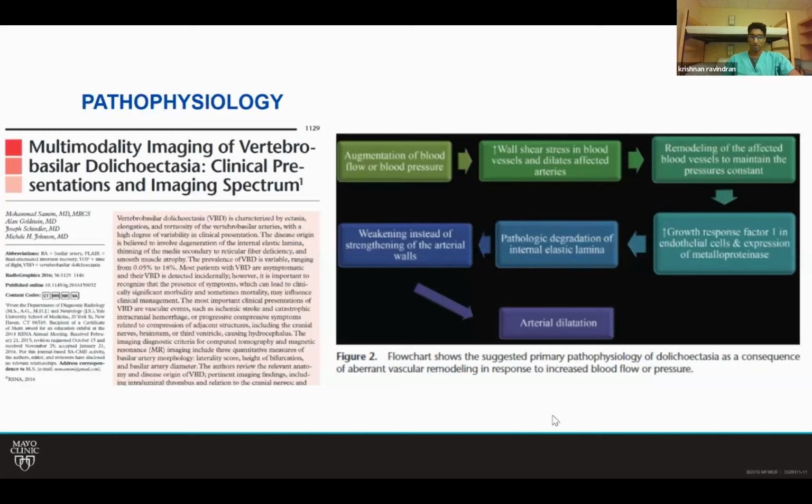The fundamental endpoint in vertebrobasilar dolichoectasia is, like I mentioned previously, the degradation of the internal elastic lamina. What this does, it weakens and lengthens the arterial walls and results in the characteristic imaging findings you see of a tortuous dilated vessel spanning from the VB junction upwards.